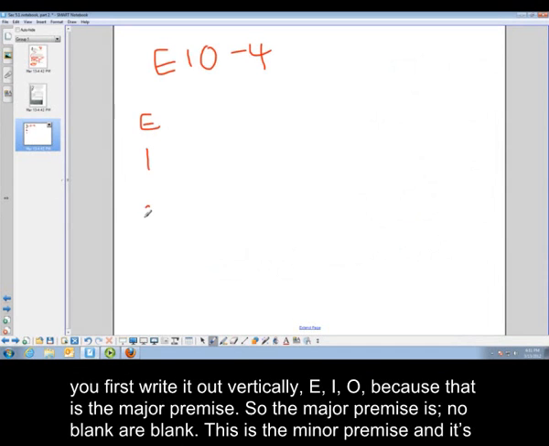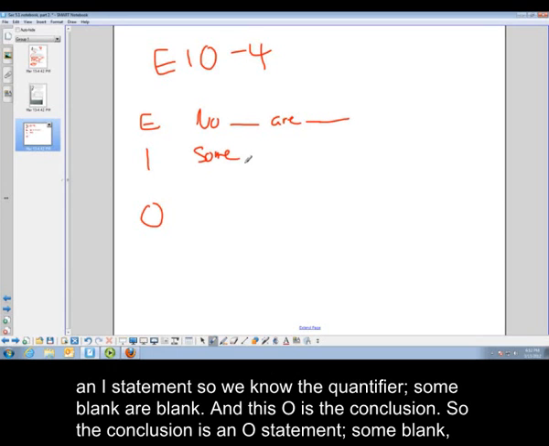You first write it out vertically, E-I-O, because that is the major premise, right? So the major premise is no blank R blank, right? This is the minor premise, and it's an I statement. So we know the quantifier, some blank R blank, and this O is the conclusion, right?